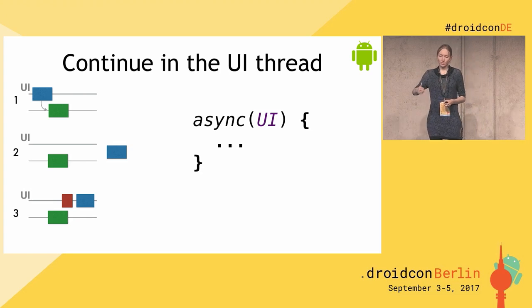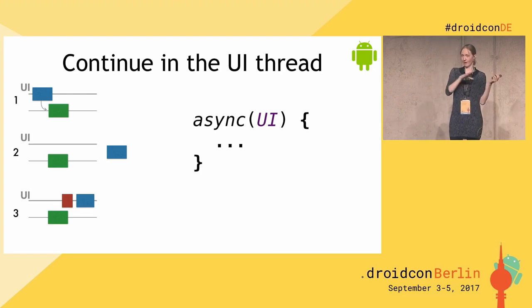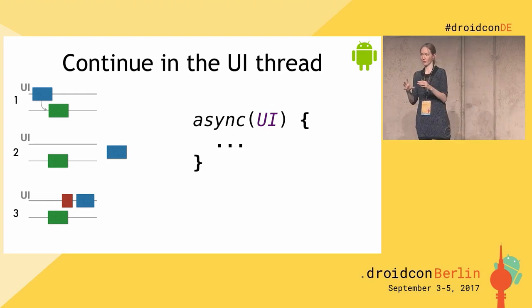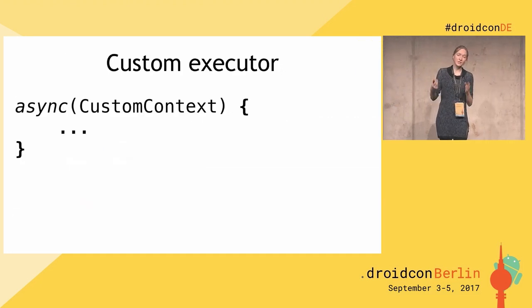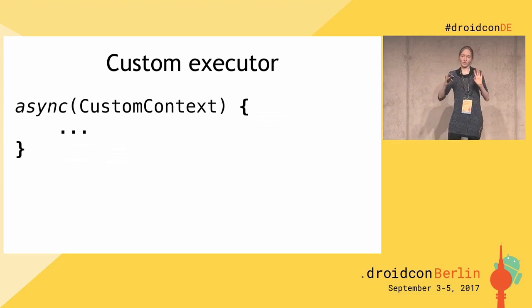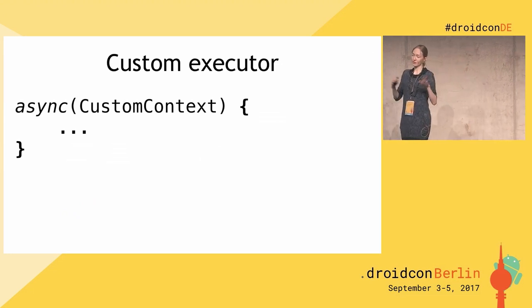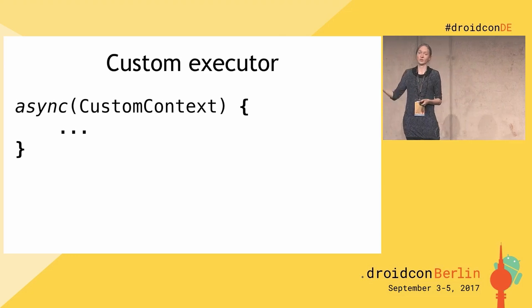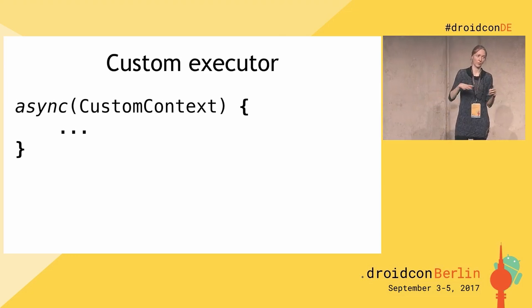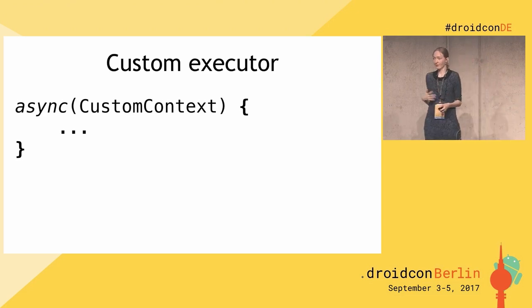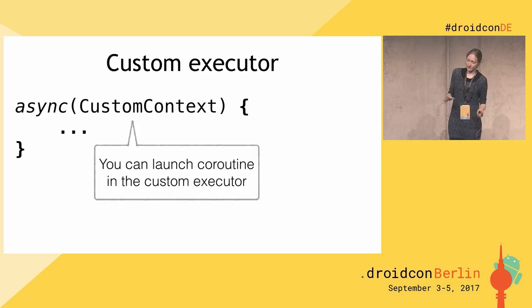And you see that while this blue computation, the second image, is suspended, UI thread can be used for something else. So another request from the user, some red computation is started, and the blue one will be continued on the main UI thread after this red one is complete. And there are not just two executors. You can create your own that suits your needs more. So there is some kind of flexibility when you work with coroutines, and there is a way to customize things.